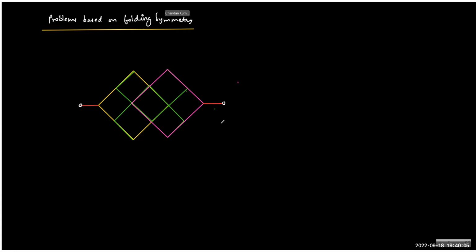So you can see we have a circuit, and let's say every segment represents a capacitor. So this is the condition.